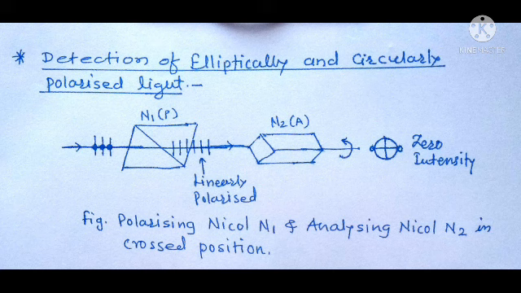We know that a plane polarized light is obtained by passing unpolarized light through a Nicol prism as a polarizer.